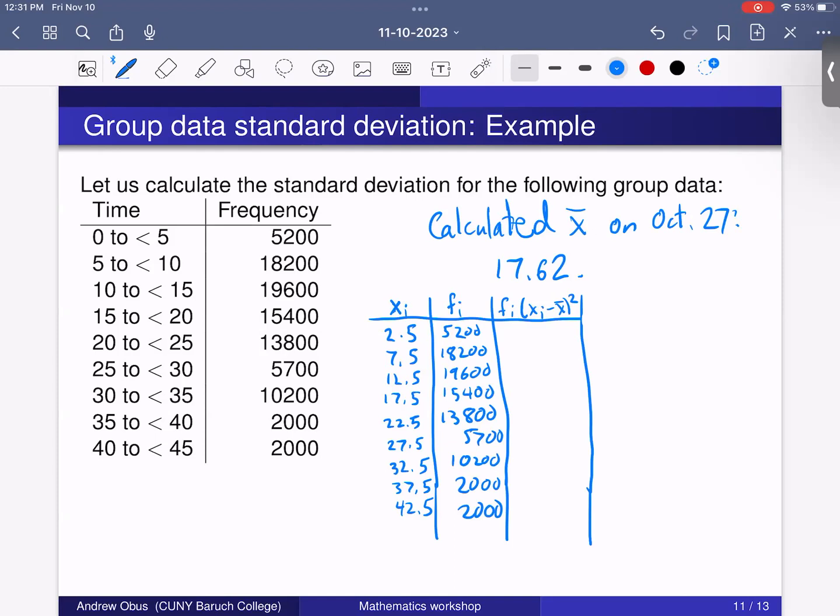And I think we saw already on the previous day that the total number of entries was, I think it was 90,200, something like that, or 91,200. Let me just write that down. The total number of entries was 92,100. So this capital N we calculated before was 92,100.